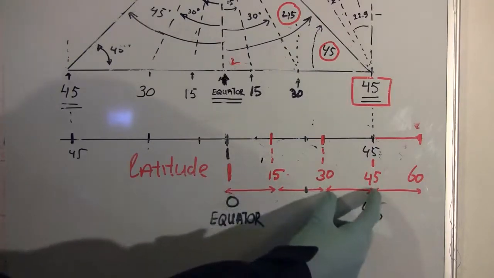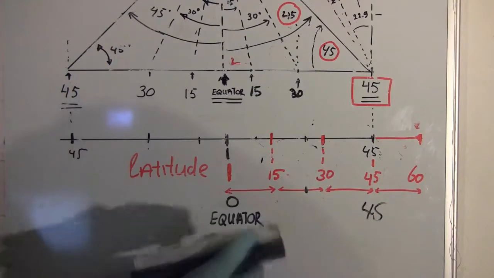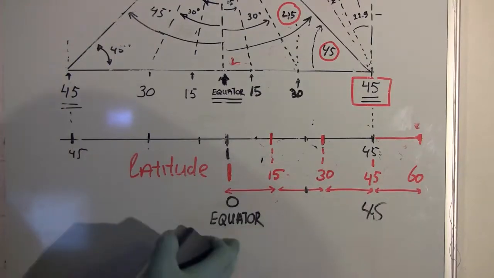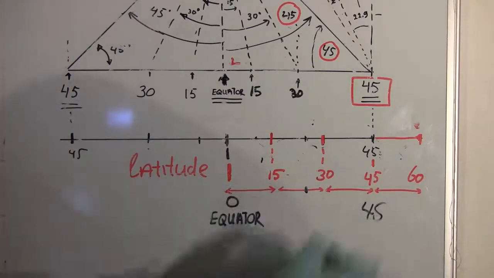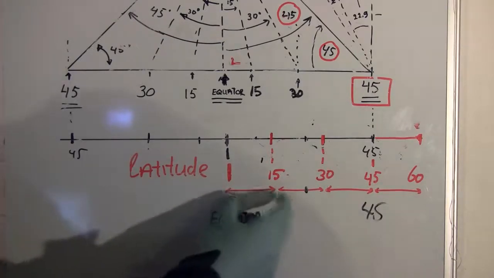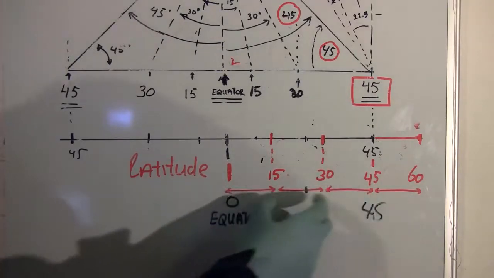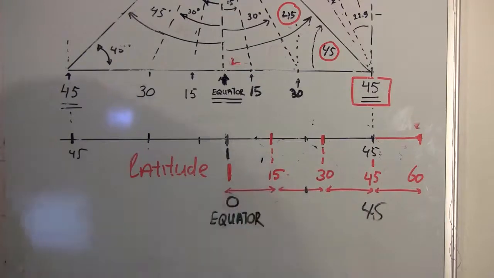Equal size pieces. So this is the latitude. Equator is very important. The 45 degrees is very important. And it's just divided between equal size pieces.